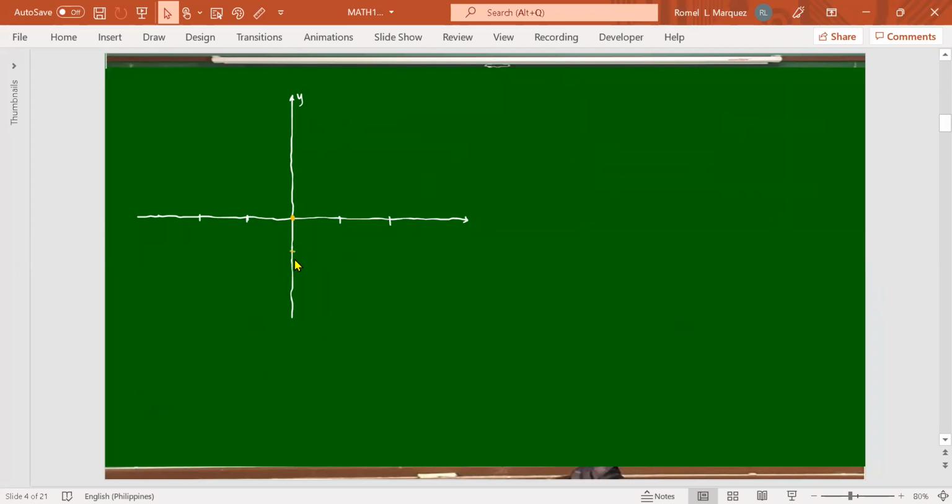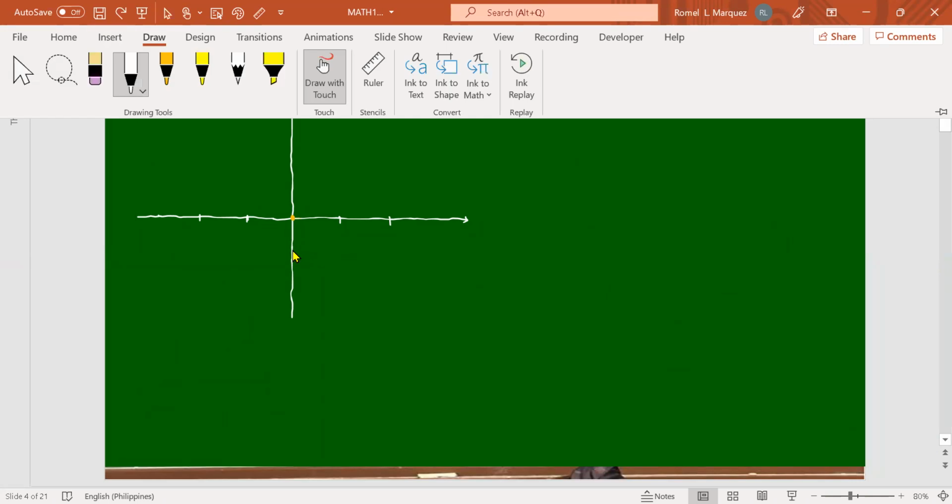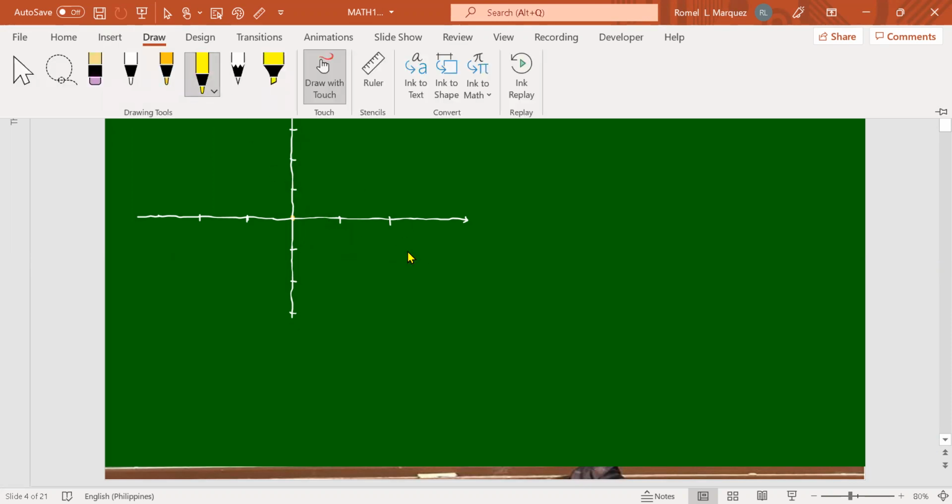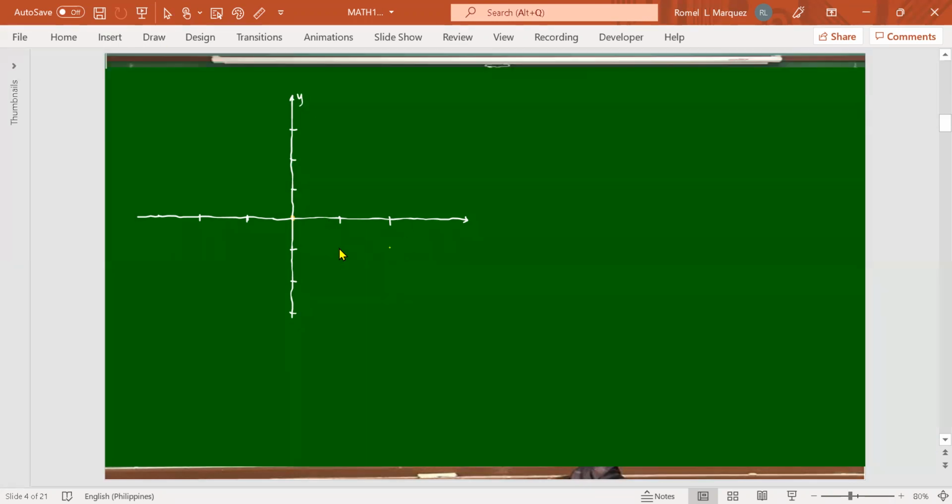This is 1, 2, 3. 1, negative 2. Negative 1, positive 2, no?